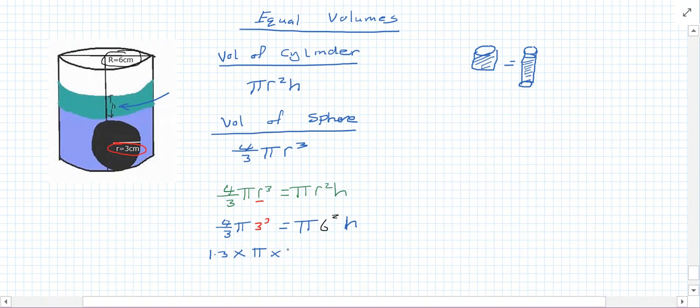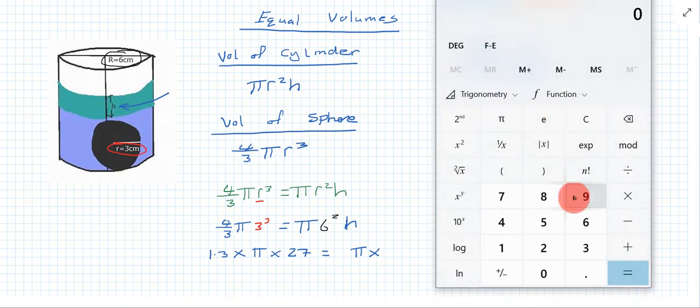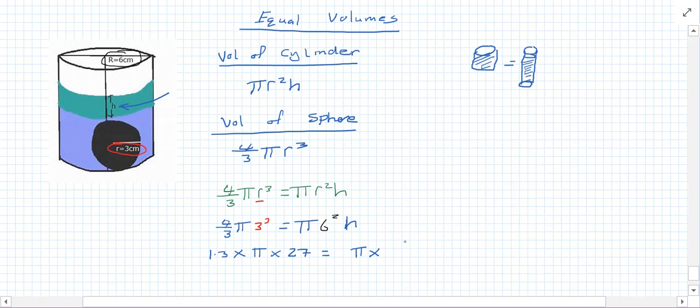Multiplied by 27 is equal to pi times 6 times 6. So 6 multiplied by 6 is equal to 36, multiplied by height.